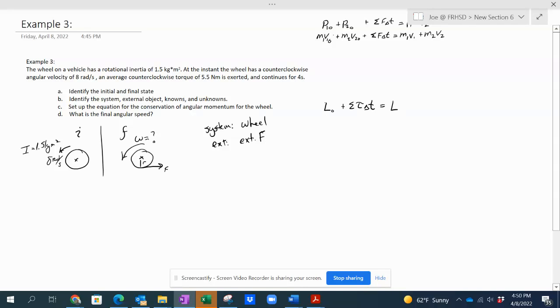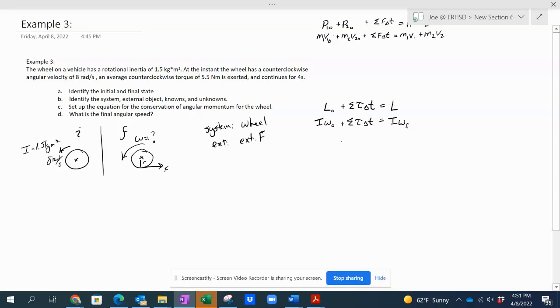So to recall, momentum is mass times velocity. The angular equivalents are rotational inertia times the initial angular speed plus the net torque times the time is equal to the rotational inertia times the final angular velocity.